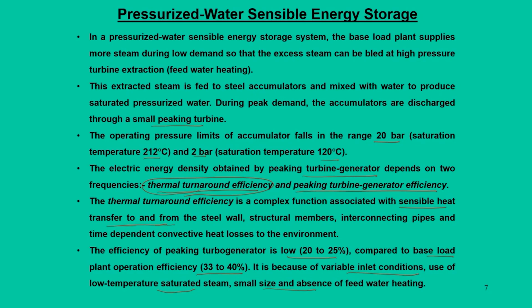So, steam contains energy, and the wall material is also made out of steel. The conditions are such that heat losses are minimized, and there are also other losses in structural members and interconnecting pipes, but the main loss, the main parameter for thermal turnaround efficiency, is the time dependent convective heat loss, which we are going to analyze.